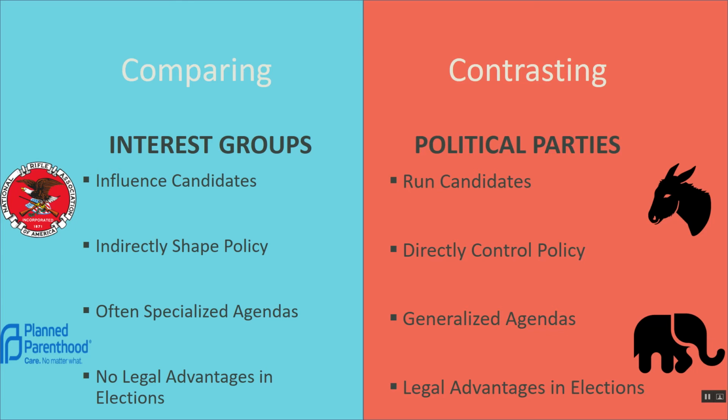So for instance, the second major difference between parties and interest groups is that parties have direct control over public policy, whereas interest groups only have indirect influence. Do understand that both interest groups and political parties are fundamentally private clubs or organizations. The Republicans are not a part of the government.